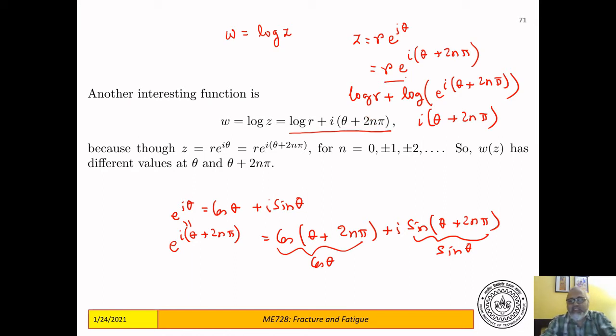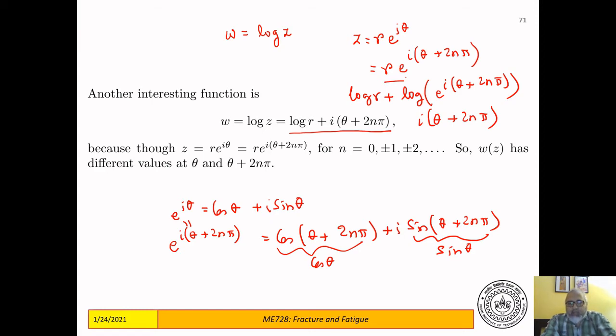The first time n is 0, so it takes some value. Then n equal to 1, it takes a different value. n equal to 2, it takes a different value. You can go in the negative direction also. It will keep on taking different values, though z would come back to the same value for every 2 pi. So log z is a typical example of a multiple valued function which will change values every time you go around 2 pi, around the origin.